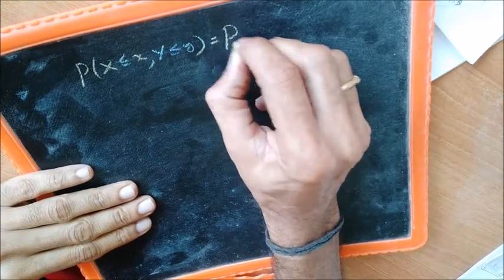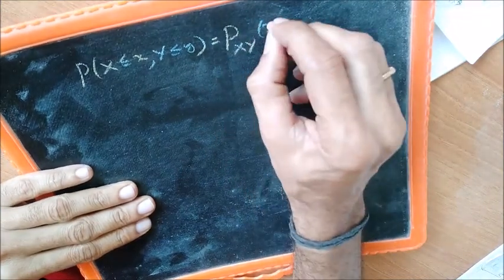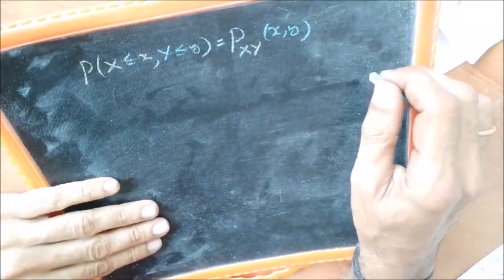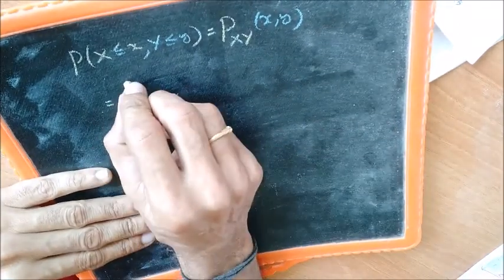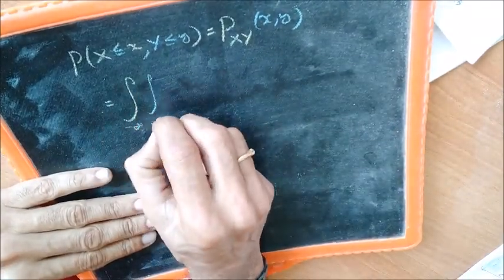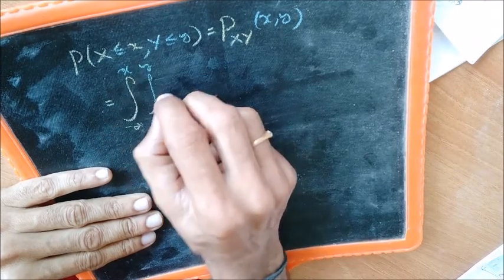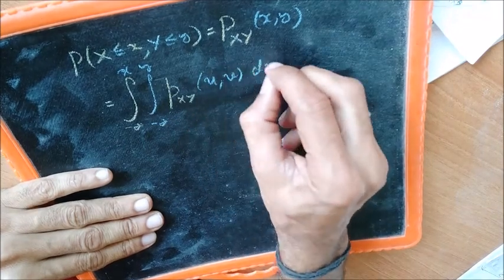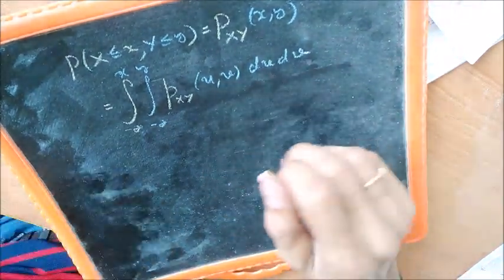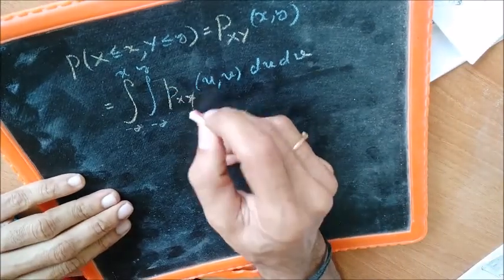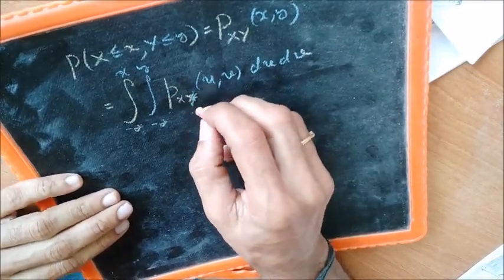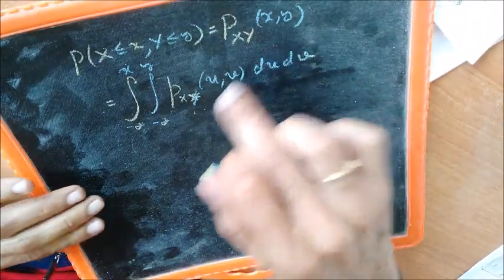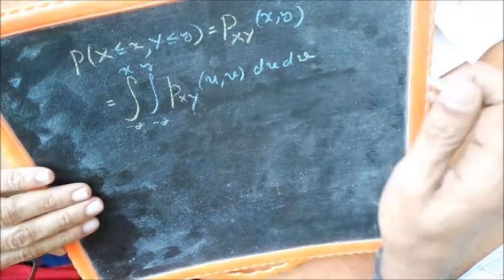This is the joint distribution function of the random variables x and y, which is expressed like this and can be connected with the joint density function like this. These are dummy variables. So the joint density function is small letter p subscript xy, and you can connect the joint distribution function with the joint density function like this.